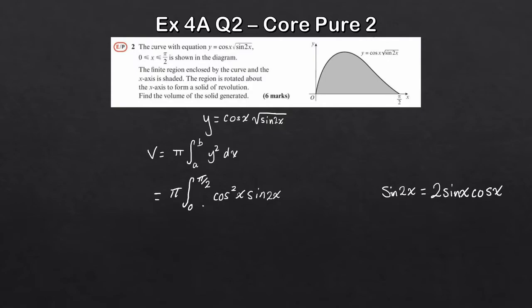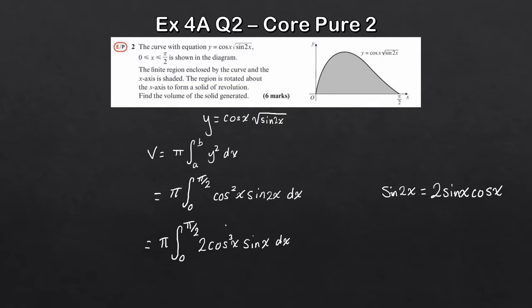And it makes it a little bit easier to integrate now. That's going to be pi times the integral from 0 to pi over 2 of, if you times cos squared x by 2 sine x cos x, that's going to give us 2 cos cubed x sine x, dx. Don't forget your dx's.